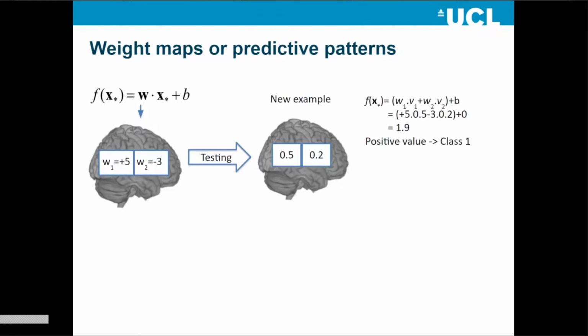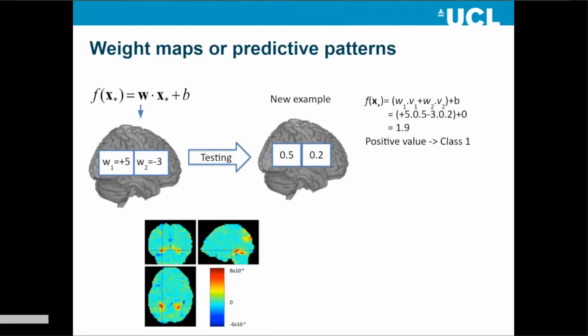I do the same for voxel 2. I add everything together. We've assumed a bias of 0, and we obtain a number. And that number is either the regression value, or if it's a classification problem, if it's positive, it's going to be attributed class 1. So typically, that's just how it works, and what that weight vector is really aimed for.